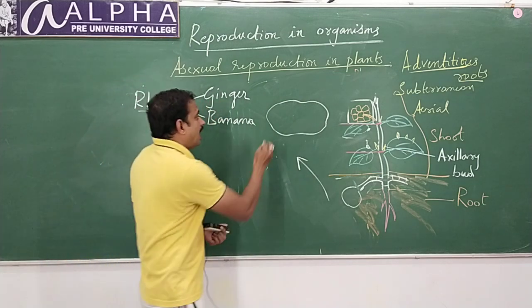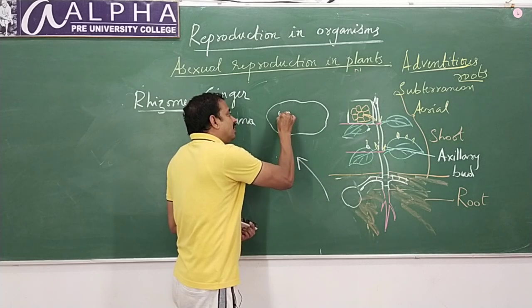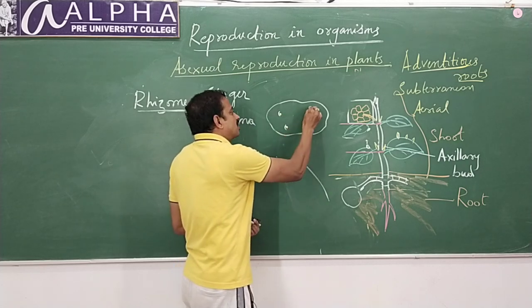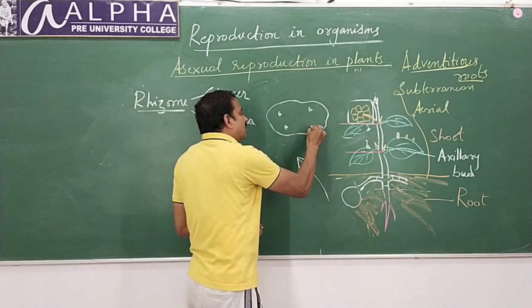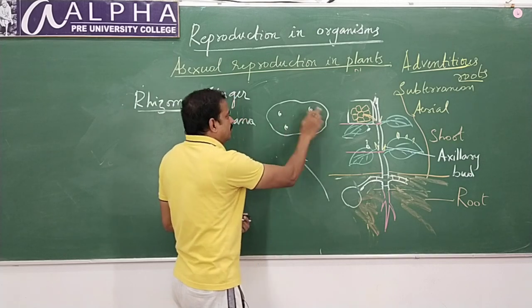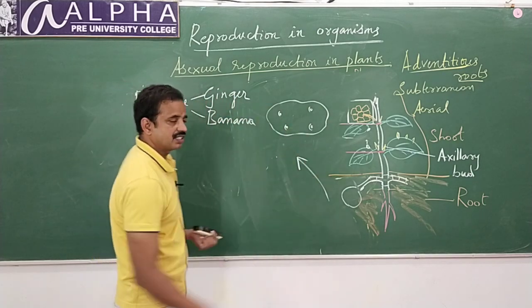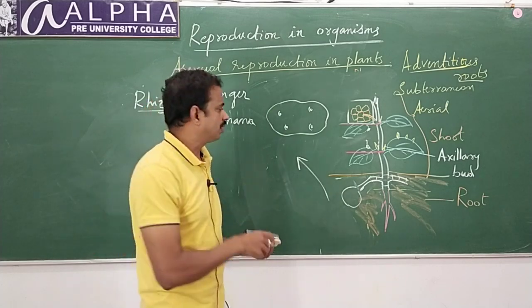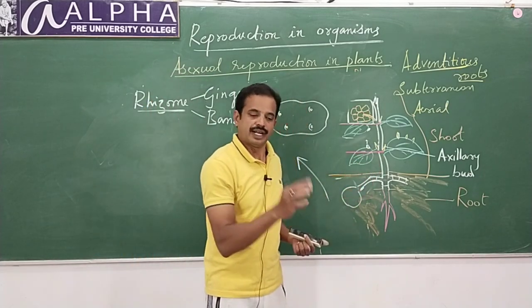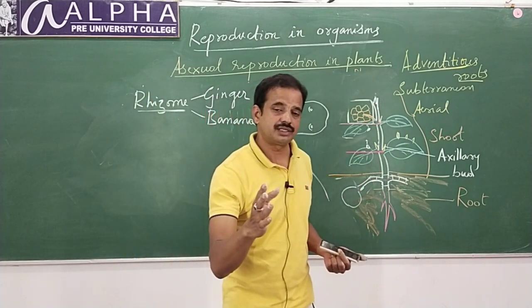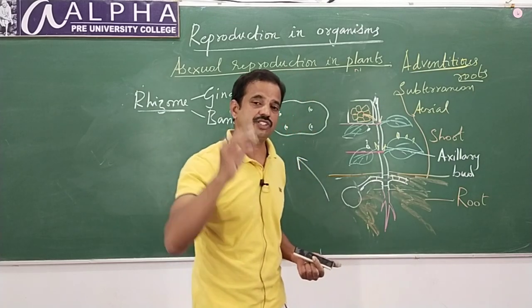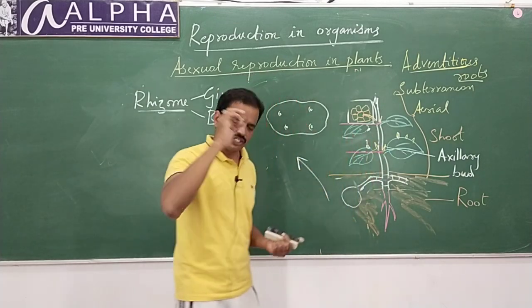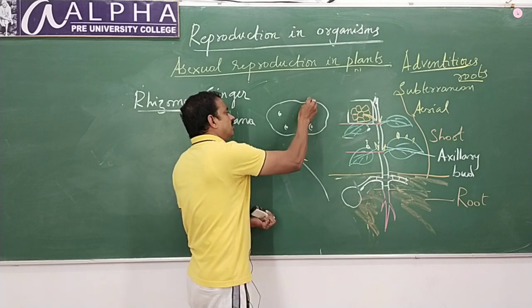Yes, of course. And certain regions of this structure will have a kind of appearance over its surface which are nothing but axillary buds. And you know that axillary buds are the structures which arise at the nodal region. Yes, definitely, this is the node.